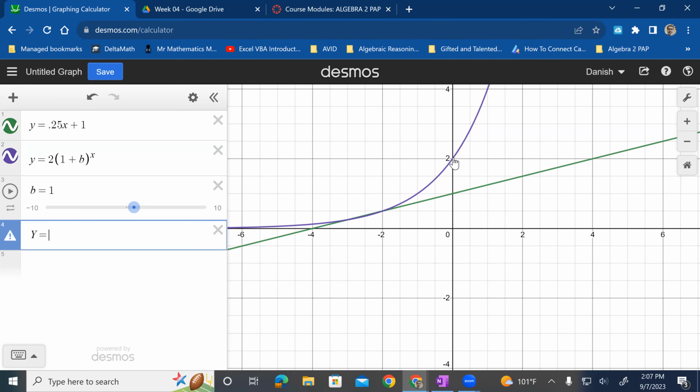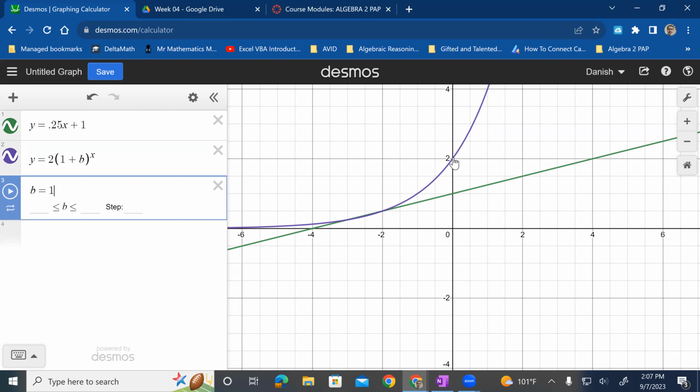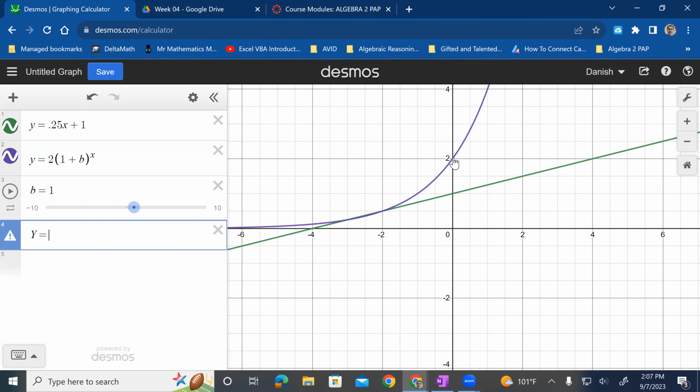Second formula, let's try it now over here. y equals 2 times 1 plus b, and then raised to power x, but instead of a plus, I'm going to mention a minus. What will that give us? One thing that I messed up here, y should also be a lowercase y.